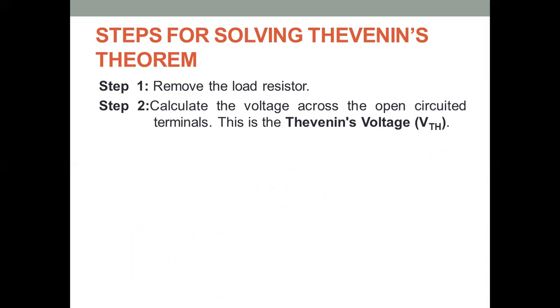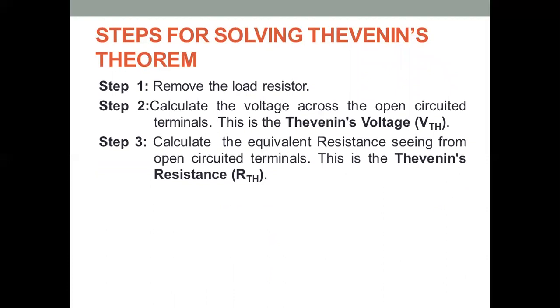After removing the load resistor, the circuit is going to be open circuited, so we calculate the voltage across that open circuited point. That voltage is your Thevenin's voltage. Coming to the third step, we calculate the equivalent resistance, again from the open circuited terminals only. That resistance we call Thevenin's resistance.